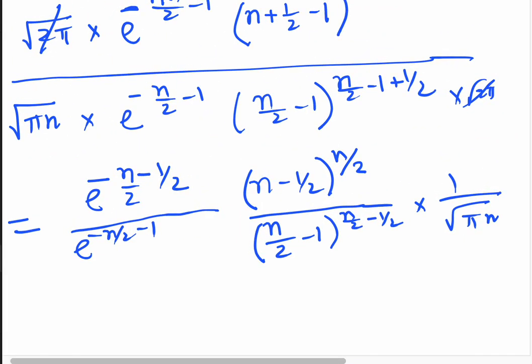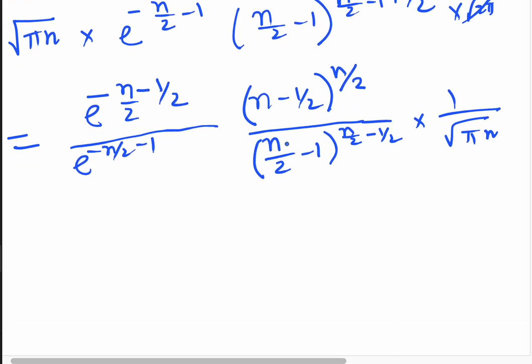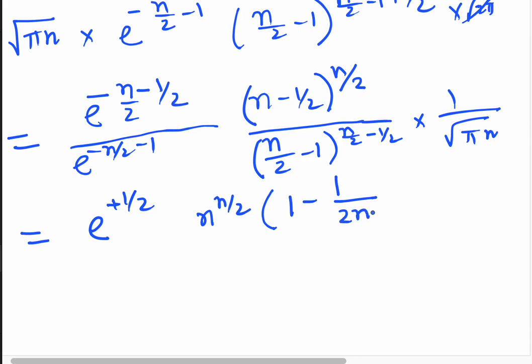Now if you take n out, this will be n to the power n by 2, 1 minus 1 by 2n.